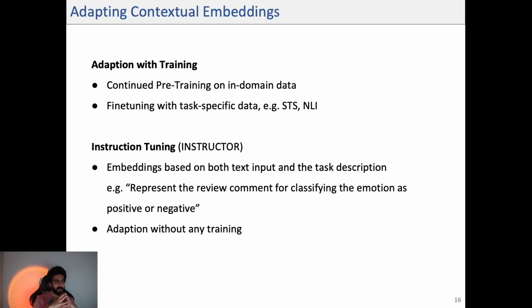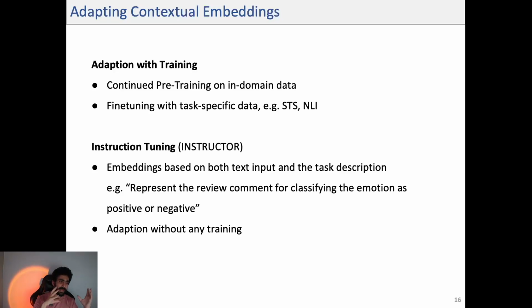Another approach is instruction tuning, used in models like Instructor. Here we don't just give the model a text, we also give it a task description. So for example, instead of just saying this is a product review, we add: represent the review comment for classifying the emotion as positive or negative. This makes the embedding a bit more task-aware.